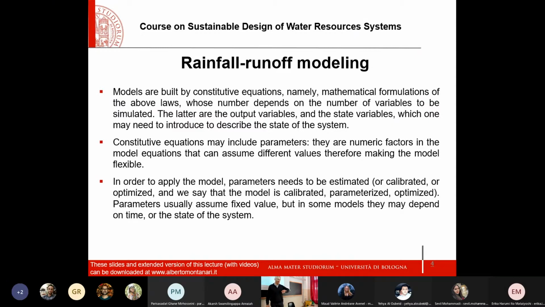Now, a couple of things. I have 5 minutes to go. First, what kind of equation? This was my question. What I am describing here is water flow. In water resources management, everything can be reduced to describing a water flow, which can also be water storage, because when the flow has velocity 0, it becomes a storage. But in general, what I have to describe is the movement of a fluid.